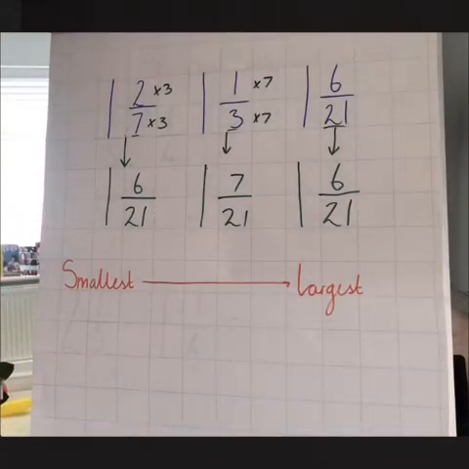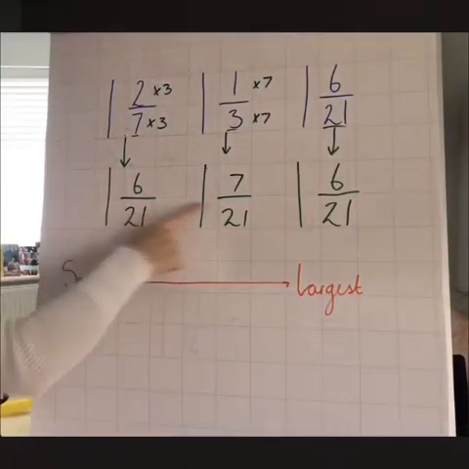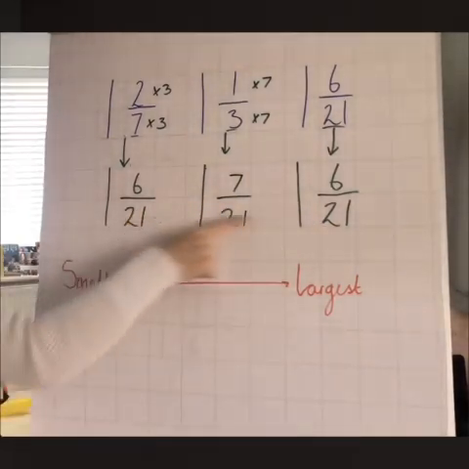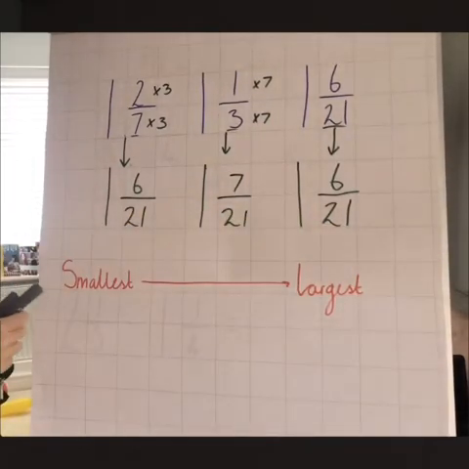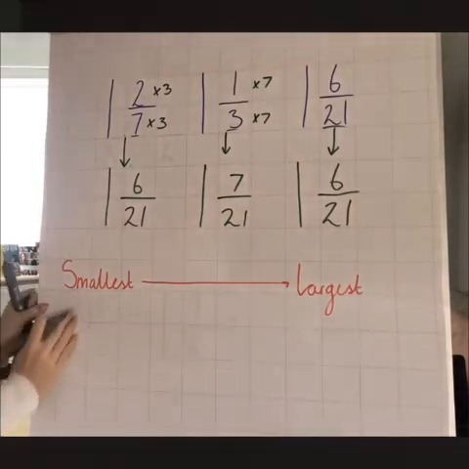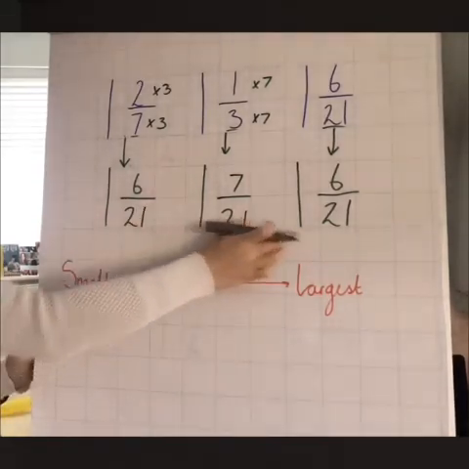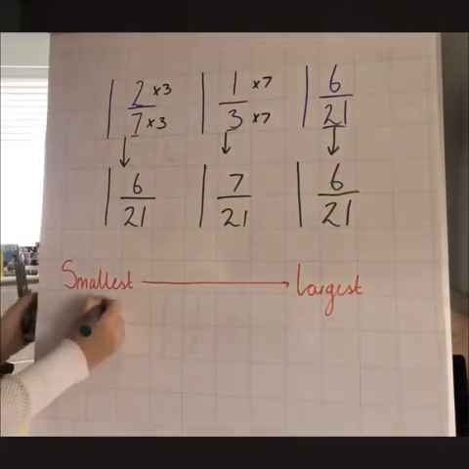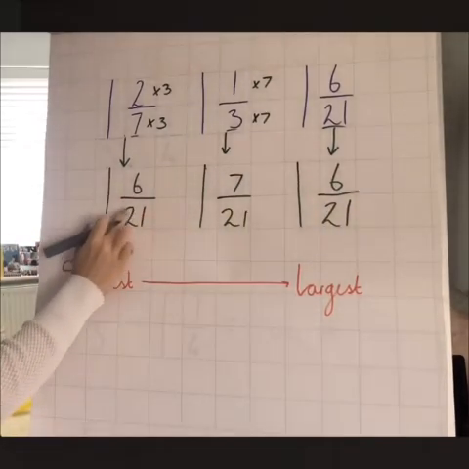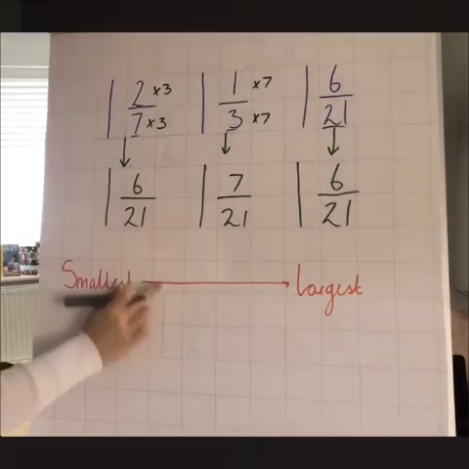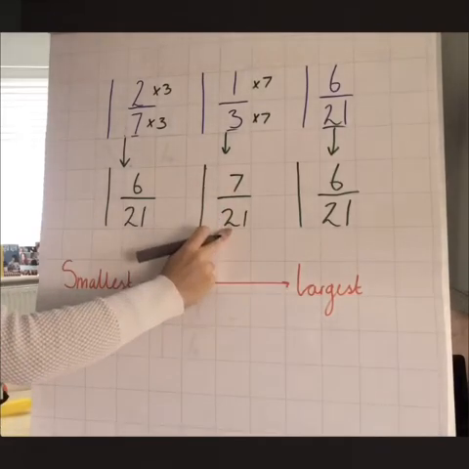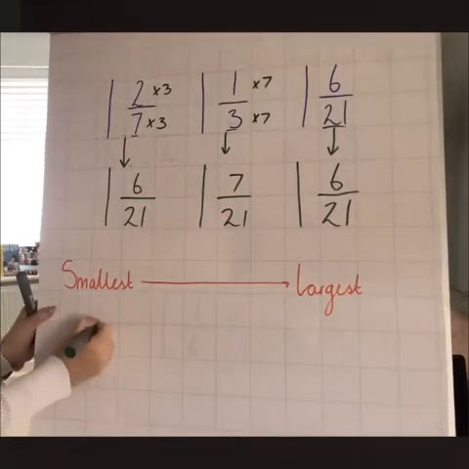Okay, so I can see here now that actually I've got 2 fractions that are the same, okay? So if I'd ordered it smallest to largest, I would just write these 2 because you've got that one twice. So it would be 1 and 6 out of 21, and the biggest one is 1 and 7 out of 21, okay?